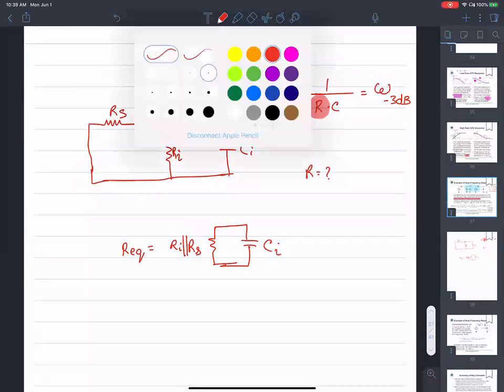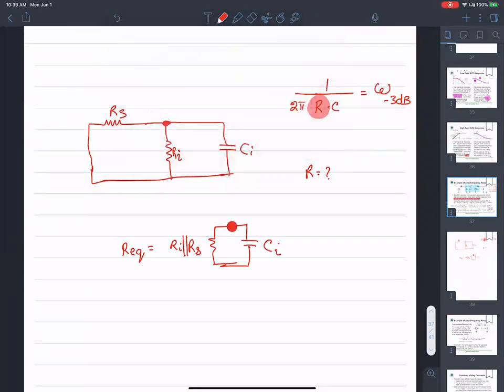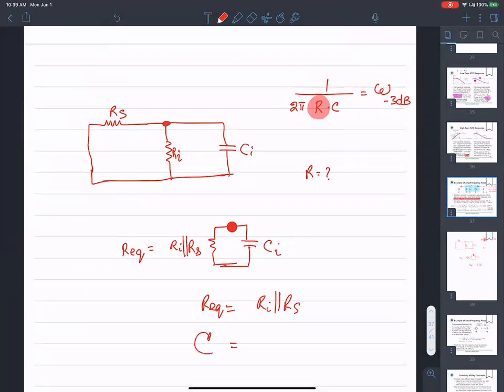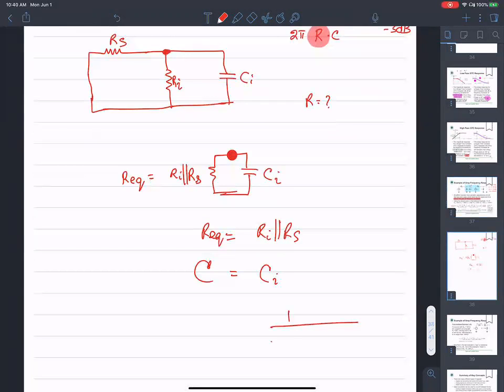So at this node, the value of resistance is Ri parallel with Rs. The capacitance is Ci. Therefore, the pole frequency is 1 over 2 pi times R equivalent times Ci.